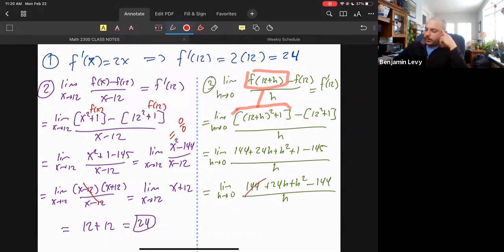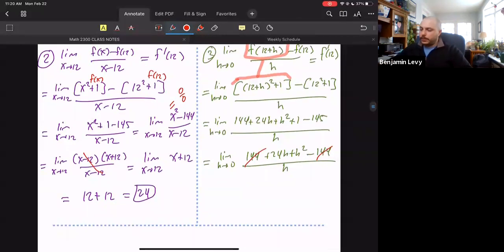All right, so the 144s go away, and then the h's are going to cancel, and then we get the answer 24 again. Right, that's the general idea. So let's finish it off. We want to cancel out the h, so we factor it out.